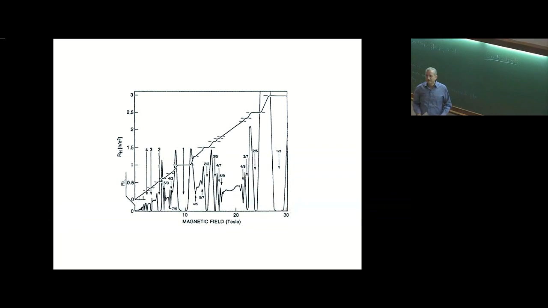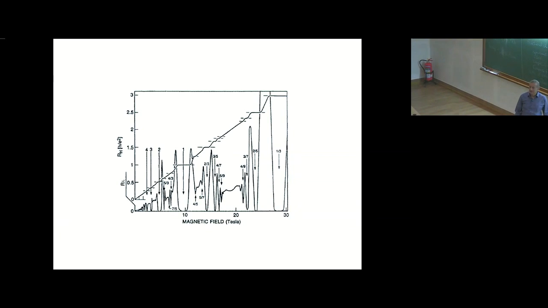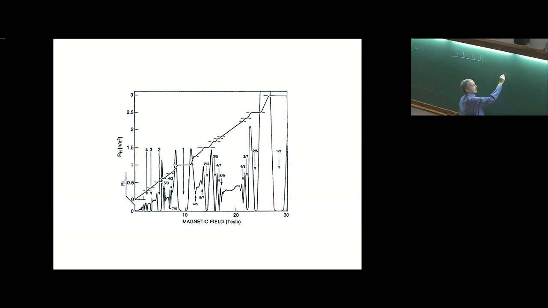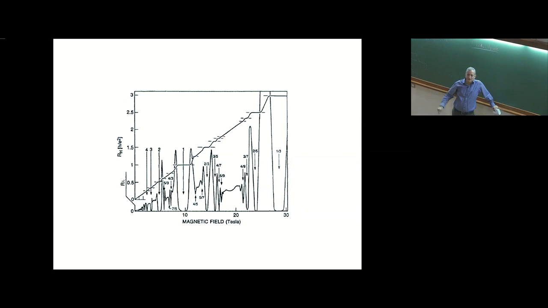So the first thing we need to know is how to think about electrons in a magnetic field quantum mechanically. We all know what electrons do classically in the presence of a magnetic field. If an electron is going in a certain direction and you apply a magnetic field, there is a centripetal force on the electron, and that will force the electron to go around in circles.